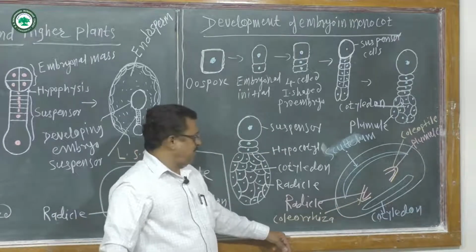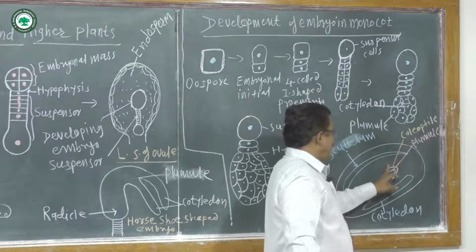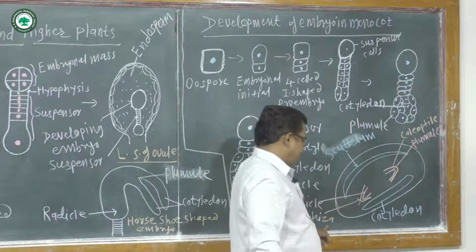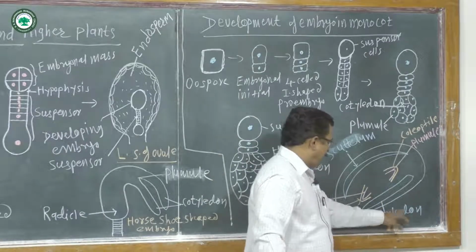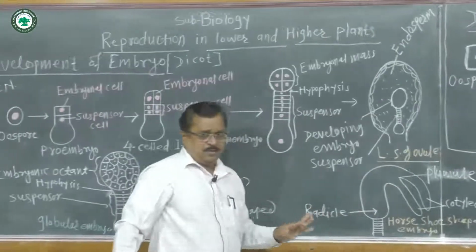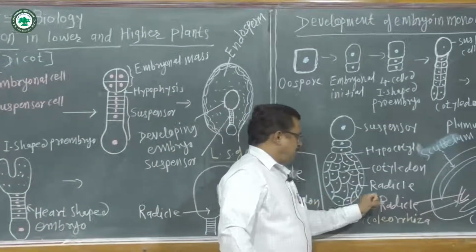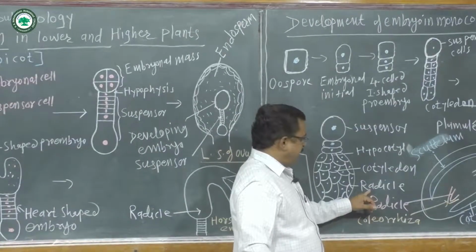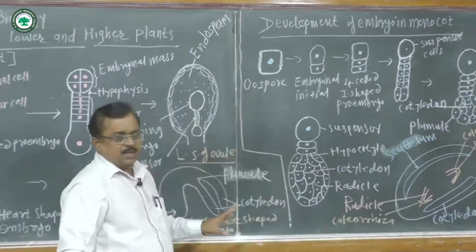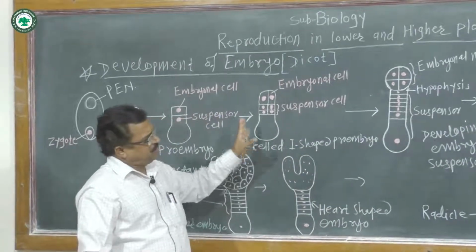In the monocot seed the plumule is covered by the coleoptile and the radicle is covered by the coleorhiza. The single cotyledon is developed from the embryonal mass of cells, and cotyledon, radicle and plumule are developed. In this way the development of dicot and monocot embryo is completed.